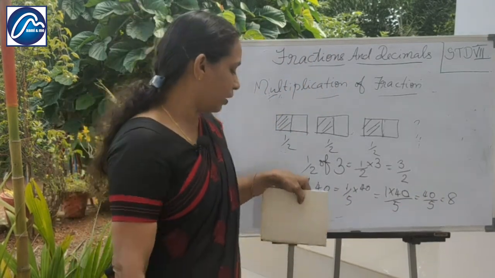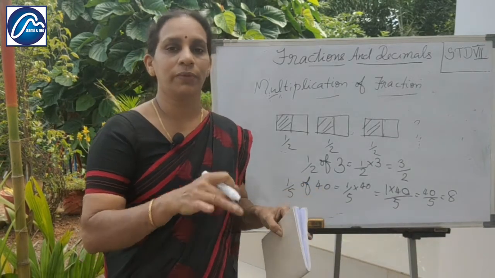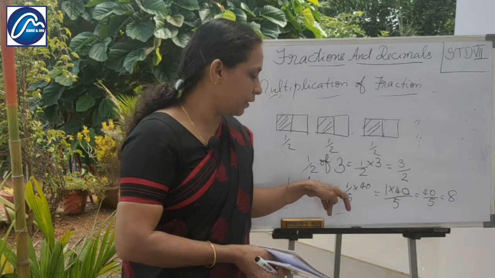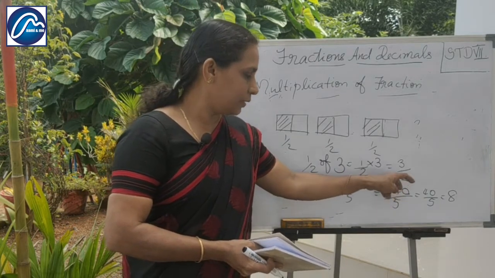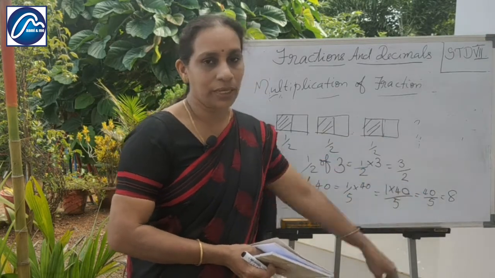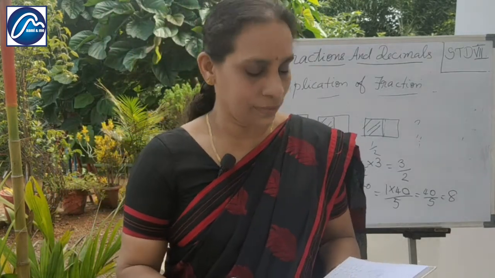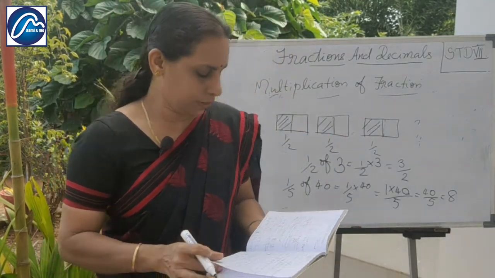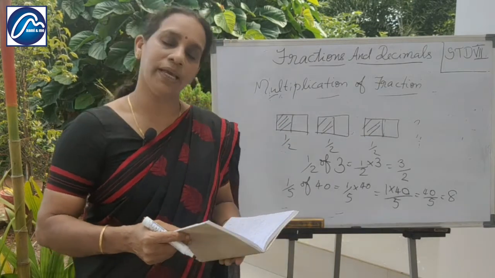So when you are asked a question with "of", you have to multiply. When you are multiplying, you multiply the numerator with that number. Then divide by this number. Okay. "By" means you can divide. Then you will get the answer. Clear? Okay. Then how to multiply a fraction by another fraction?